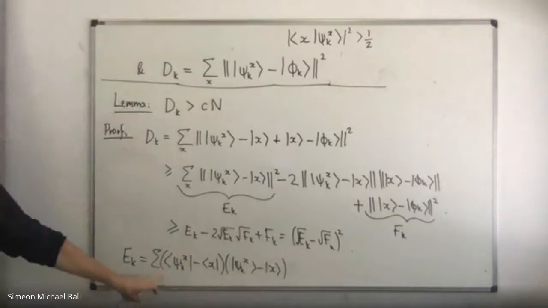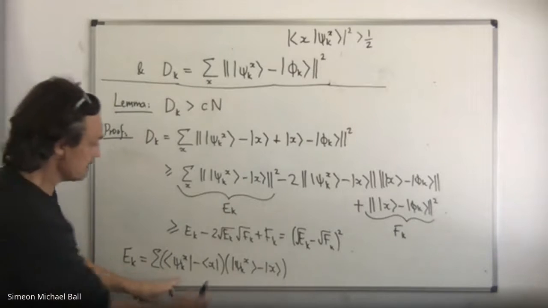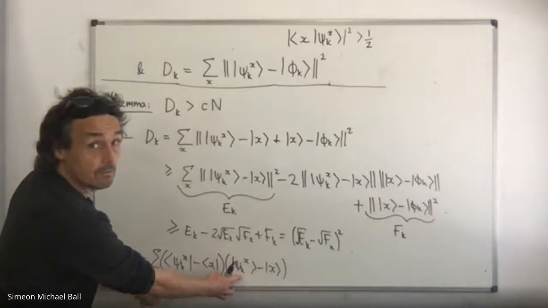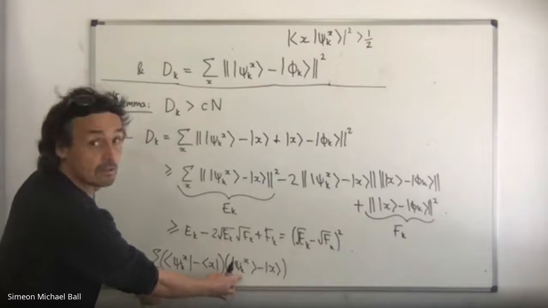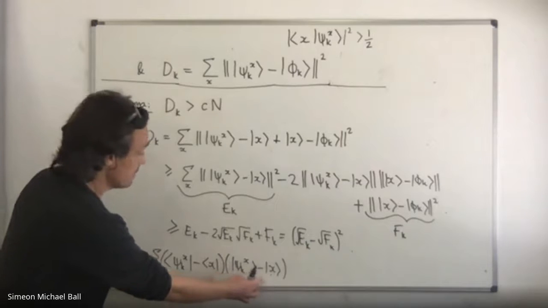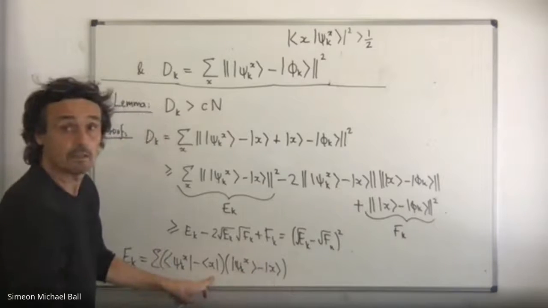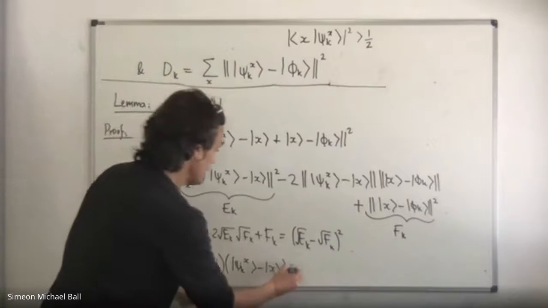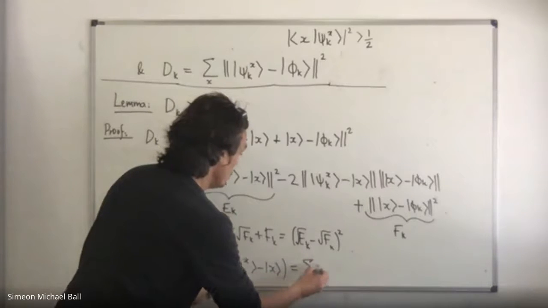And when I expand this bracket here, then I'm going to get the bracket of 5kx and the bracket of x, which is going to be 2.